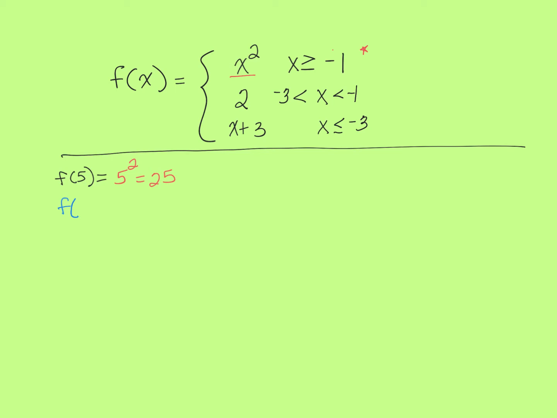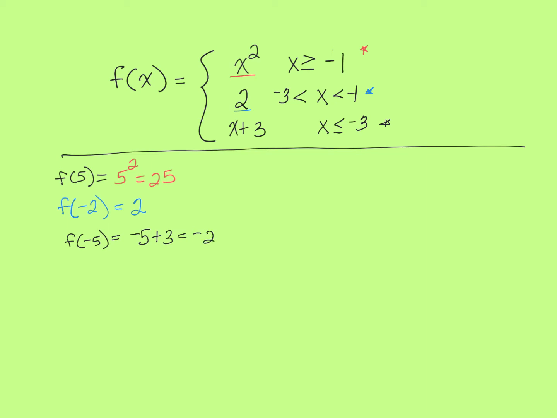Let's go f of negative 2. Negative 2 is in this region from negative 3 to negative 1, and that function value is 2. And then let's do one more. If I wanted to find the function value at negative 5, well, negative 5 is less than negative 3, so we would plug it into the third piece and get negative 2.